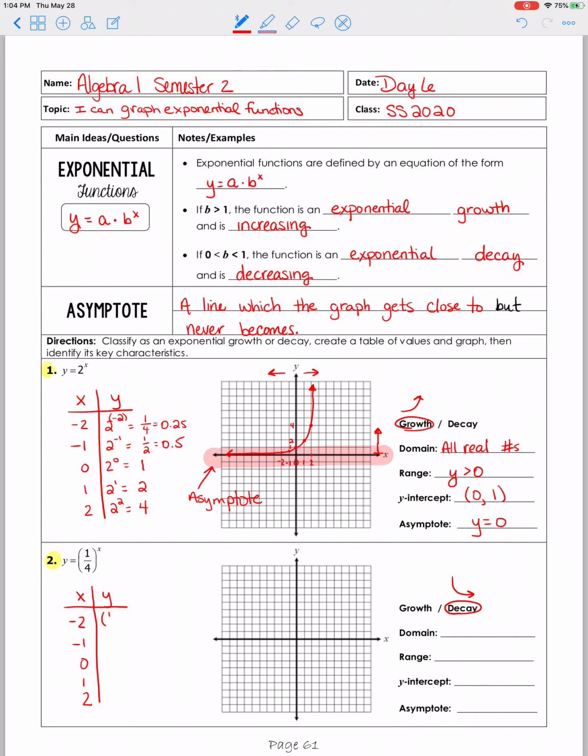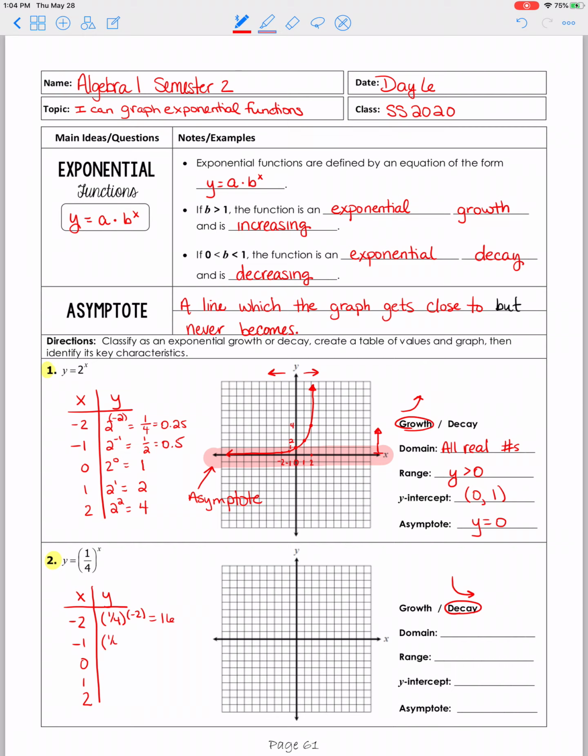When we take 1/4 to the -2nd power, notice that I'm using parentheses around both the fraction and the exponent. That's super important. You're going to end up with 16. The negative exponent flips the base, so this becomes 4/1, and then 4 squared is 16.